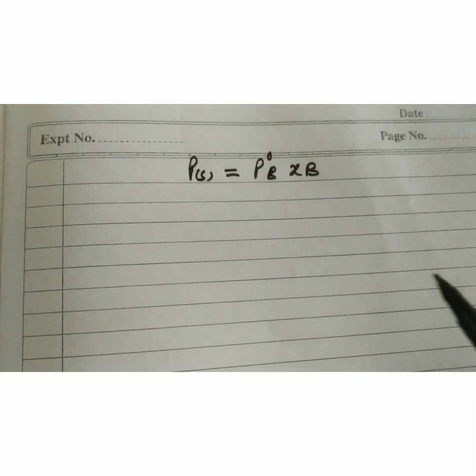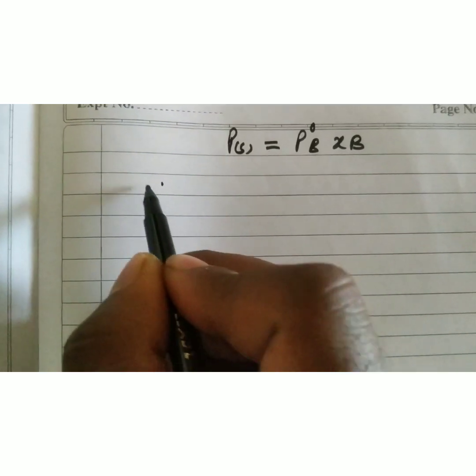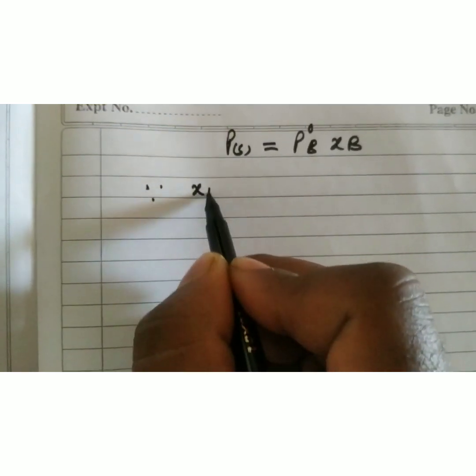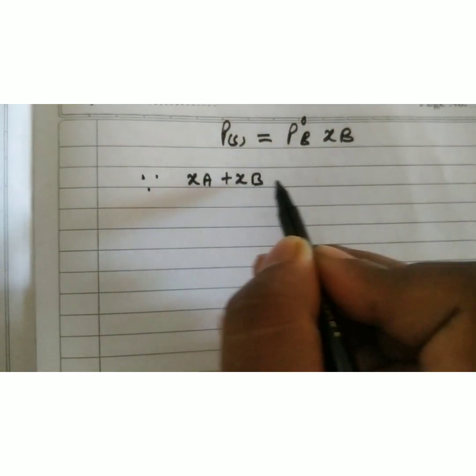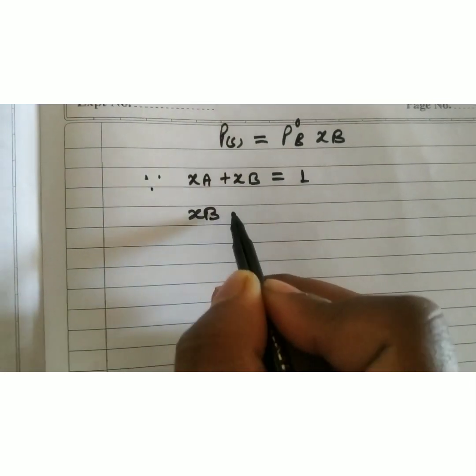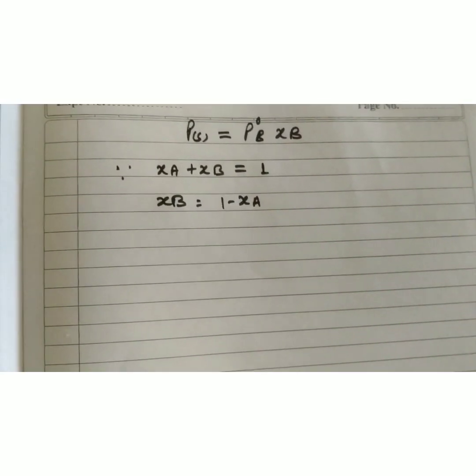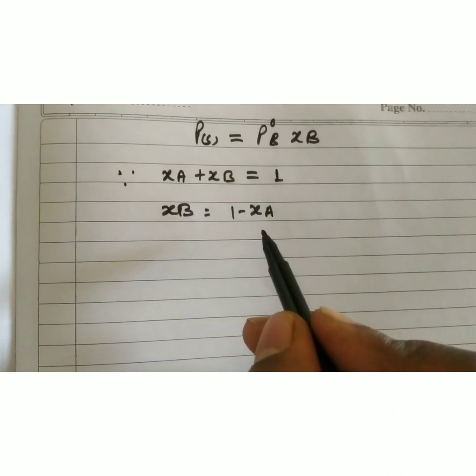Okay, now we know very well XA plus XB equals 1. So XB equals 1 minus XA.